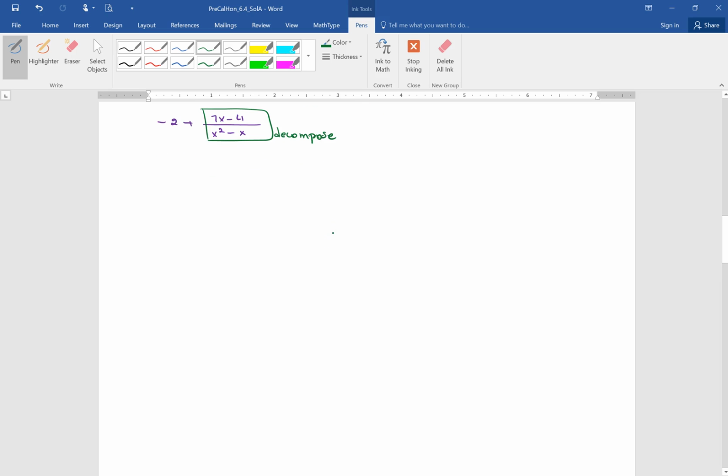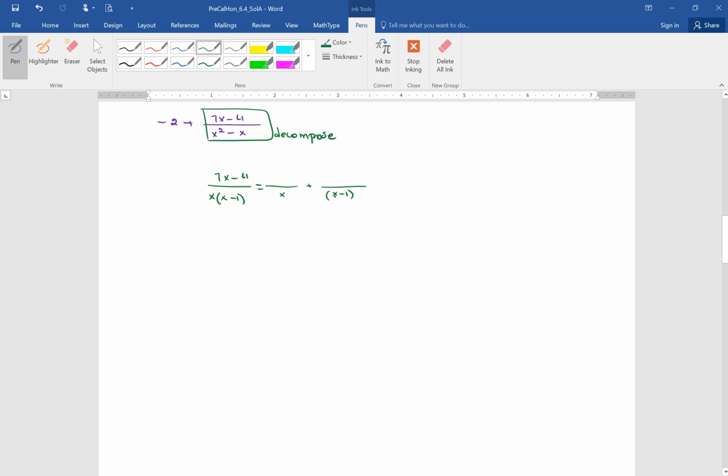Okay, so we start with that fraction, 7x minus 4 over x squared minus x. All right. Rather than writing x squared minus x, I'll just factor it here. So it's x times x minus 1, right? So I have two fractions now that I'm going to decompose this into. The denominators will be what? x and x minus 1.